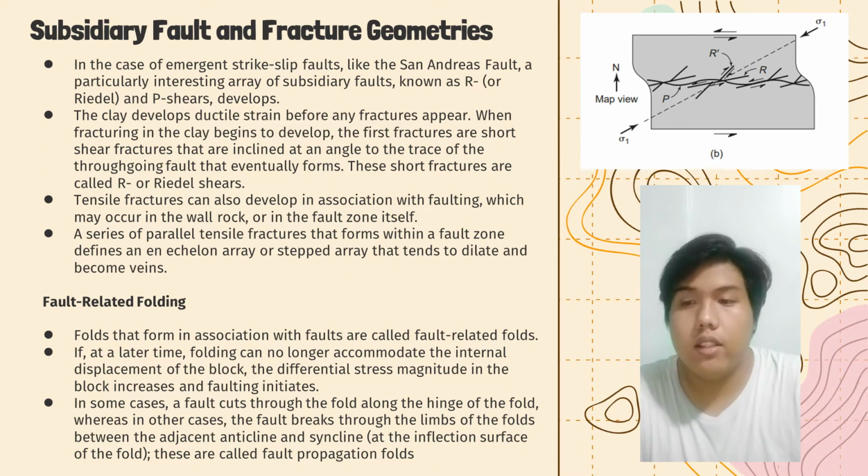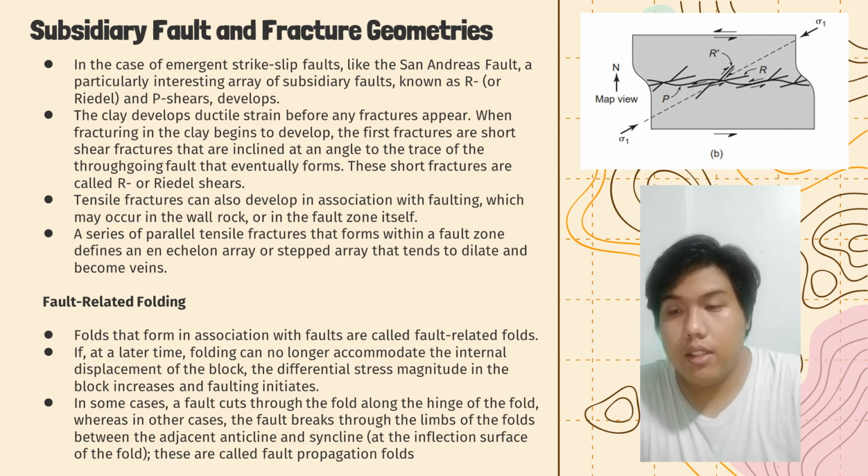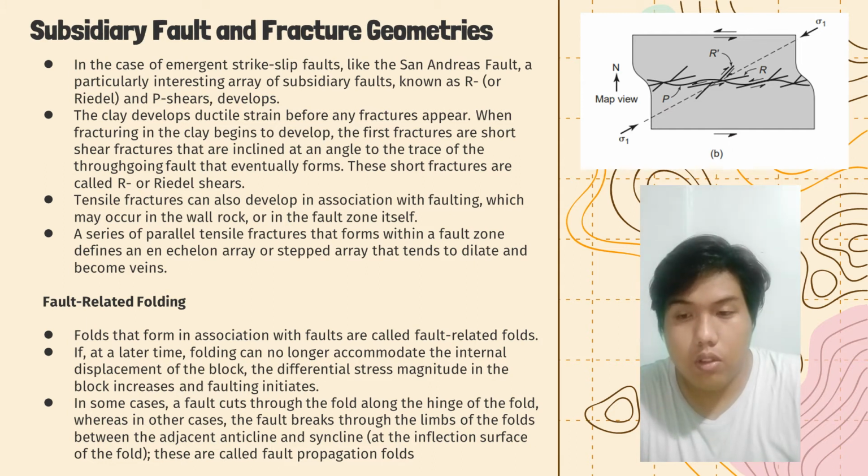In some cases, a fault cuts through the folds along the hinge, whereas in other cases the fault breaks through the limbs of the folds between the adjacent anticline and syncline. These are called fault-propagation faults.